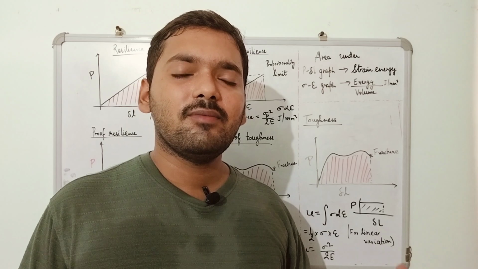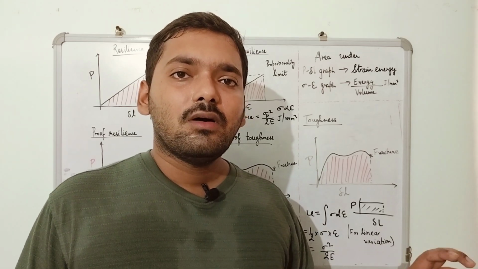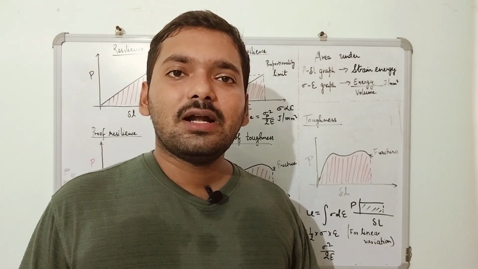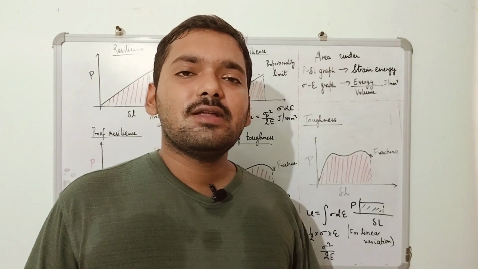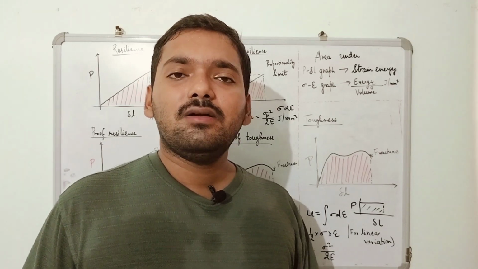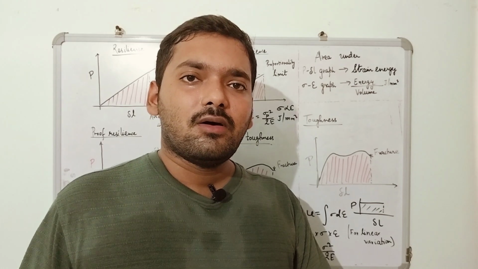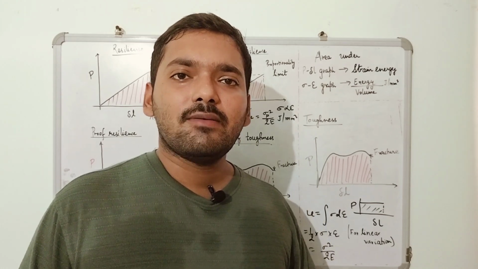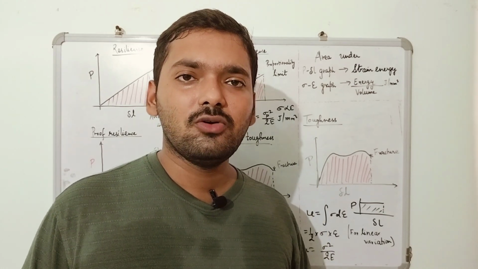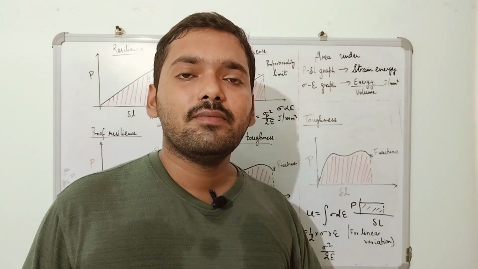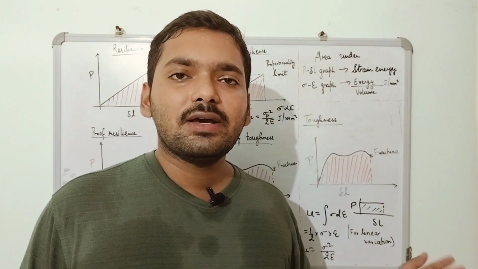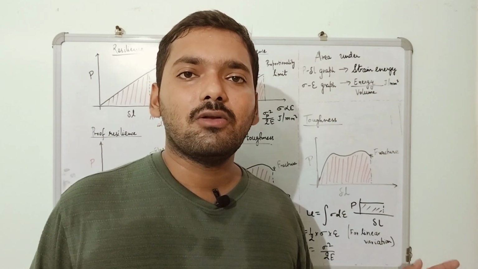We take a 1 mm cube, and whatever energy is stored by that 1 mm cube, just that value we have to find out, which does not depend upon the quantity of that material. Suppose we take 6 mm cube of aluminum, or we take 6000 mm cube of aluminum. In both cases, the strain energy density will not change.